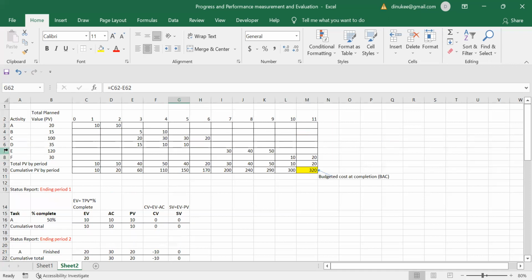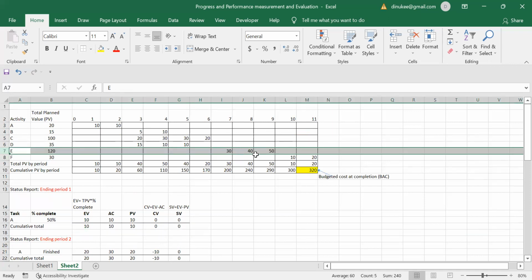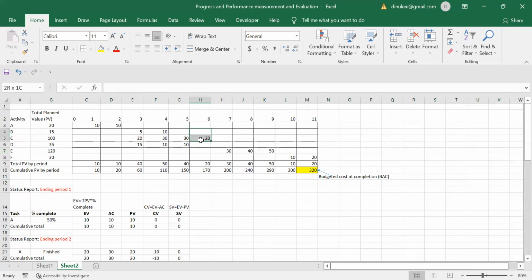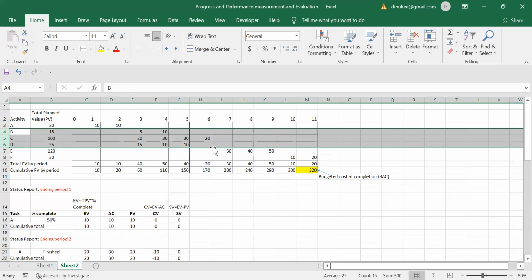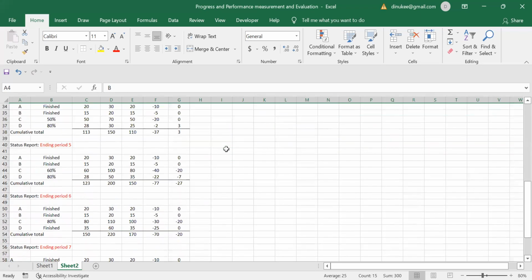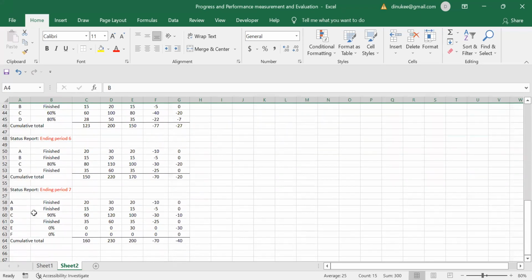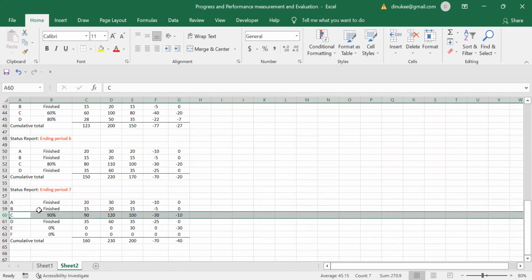දැන් අපි E activity එක ගත්තොත් to start this E activity, we have to complete all of B, C, and D activities, right? But still our C activity is not completed. The C activity is completed up to 90%, right?